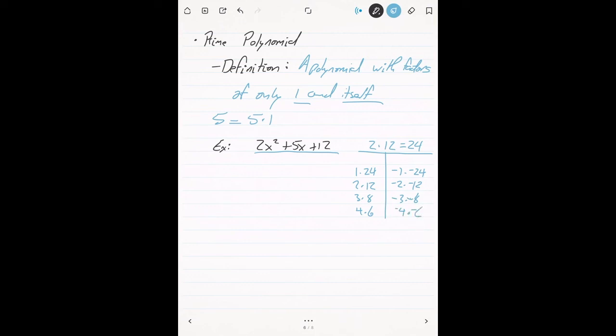All right, well, we've listed the factors of 24. We should now decide which of these adds up to 5. Well, take a look right here. 8 and 3. Oh, wait a minute. 8 plus 3 is 11. Okay, well, forget that one. Negative 8, negative 3. Oh, wait, that's negative 11. Do any of these add to 5?